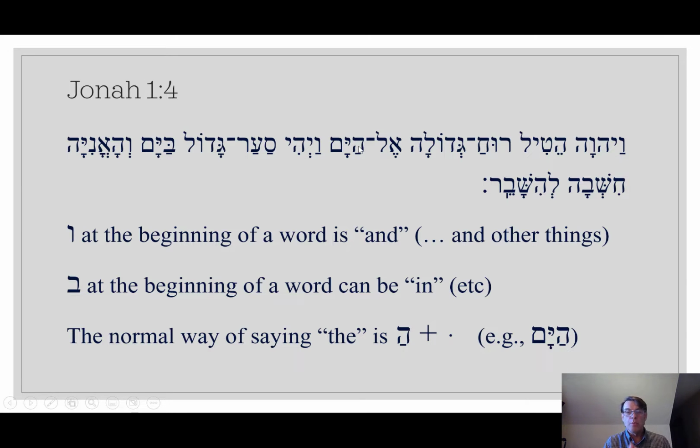And so the normal way to do, again, it's a separable prefix. It's not yam. It's a different word than yam. You can separate the words out, but it is never on its own. You will never find a ba all by itself, meaning in Hebrew. It doesn't happen. And you'll never find the all by itself, meaning the. It's always attached or crashed into a word.